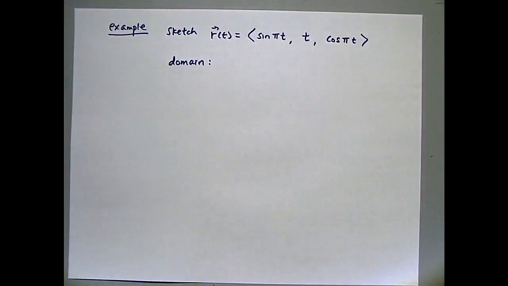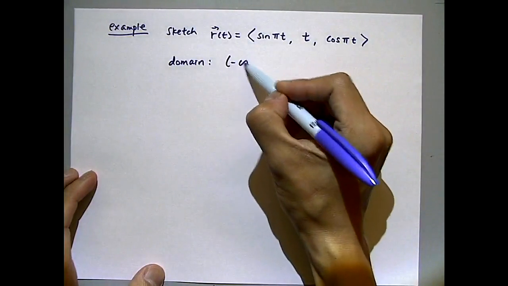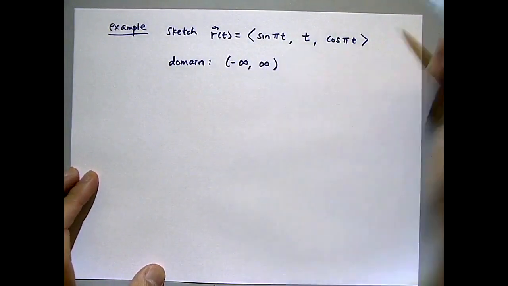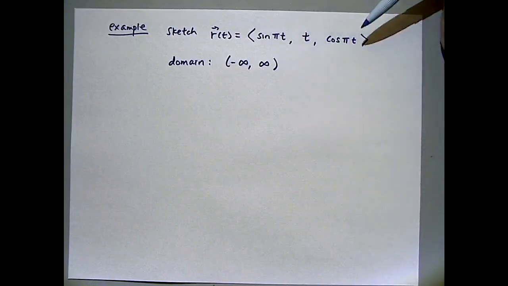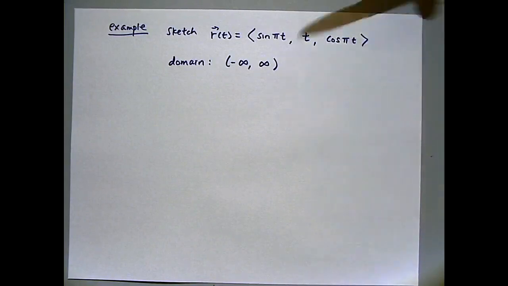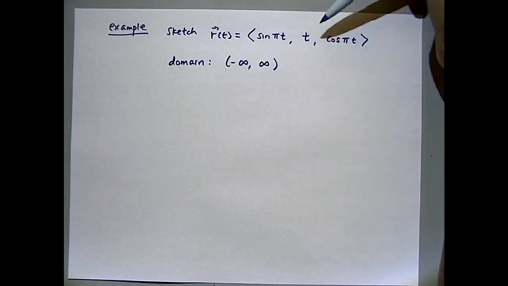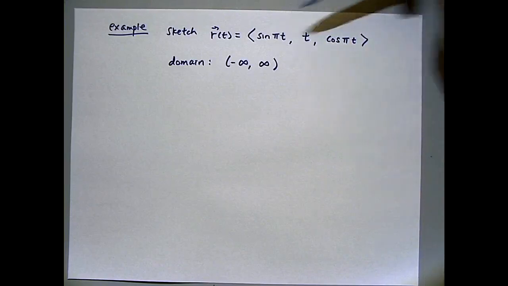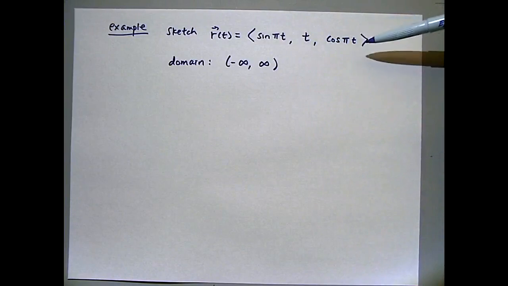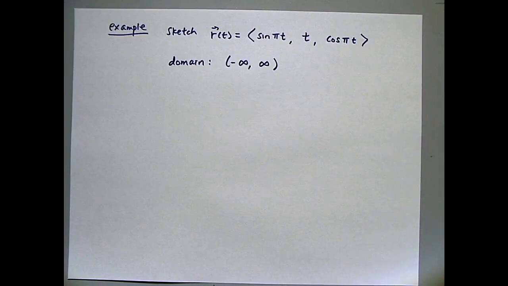All real numbers, right? t, of course, can take on any real number. Sine and cosine also can take on any real number you put in there. The range will have a vector that has no restriction on the y component, but the x and z components are between +1 and -1. So that's the range of the vector function.